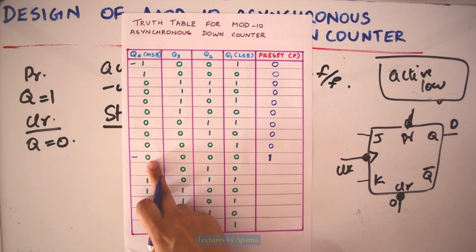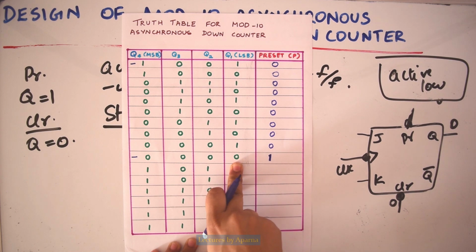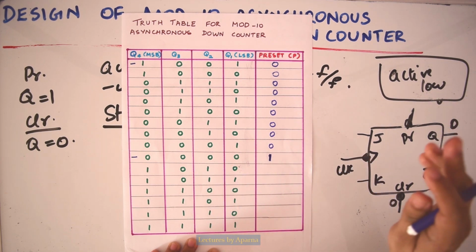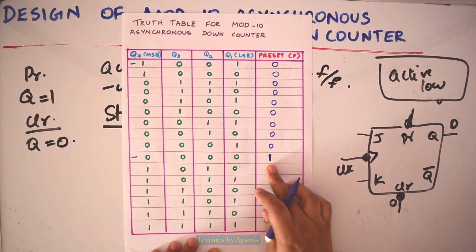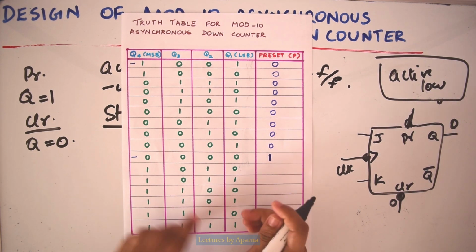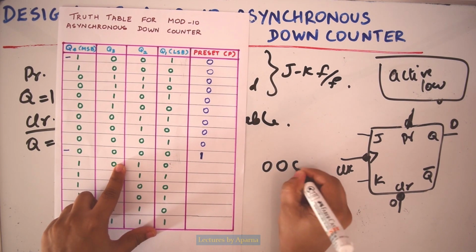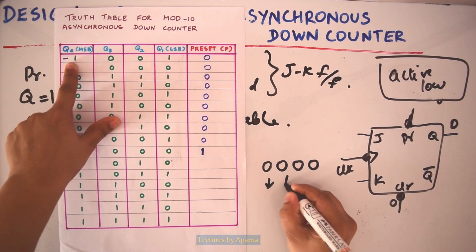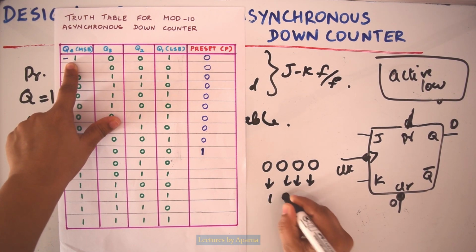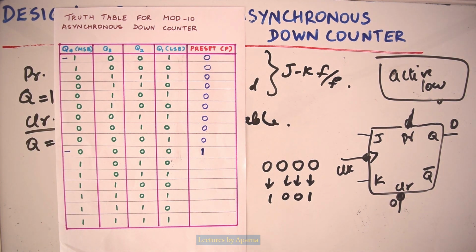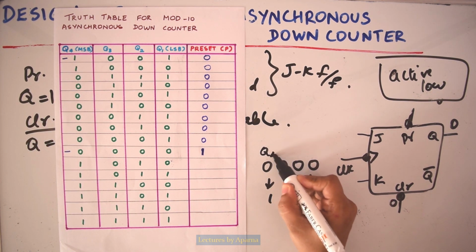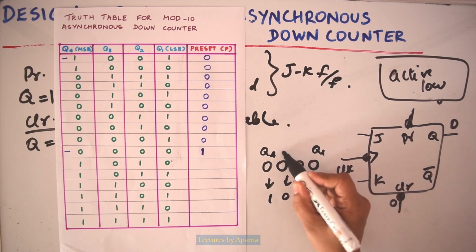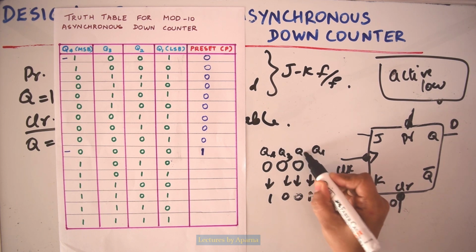But when the count 0000 reaches, the preset will be enabled, and again from this 0000 the count should start from 1001. So this is Q4 and this is Q1, this is Q3 and this is Q2.